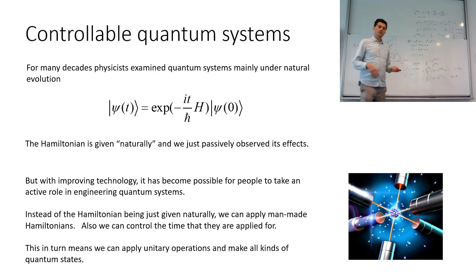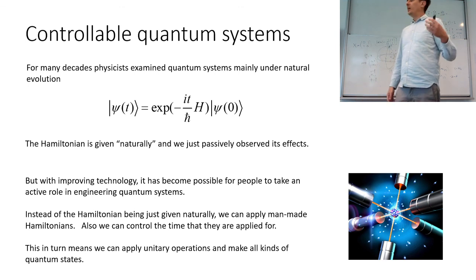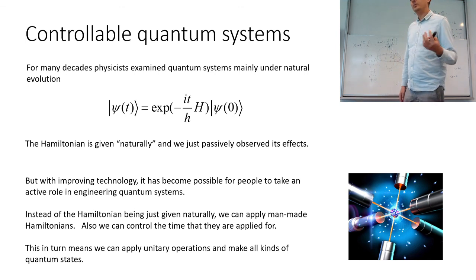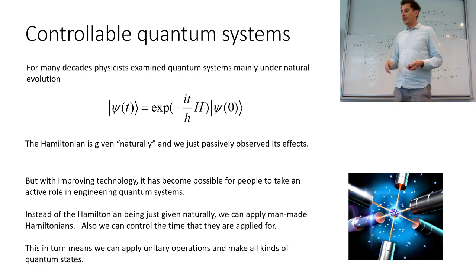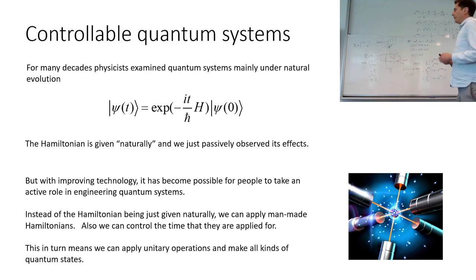So we're gradually moving on from being passive observers of quantum systems to active participants, where we can actually control quantum systems and make them do what we want. This is really what a quantum computer is.